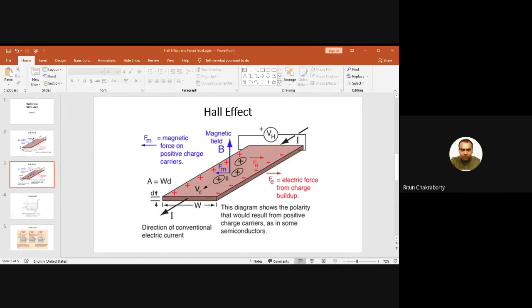But how to derive those expressions is not given in your syllabus, so for now, for this current semester, I am not discussing them. Anyhow, a brief introduction to the Hall effect is given.